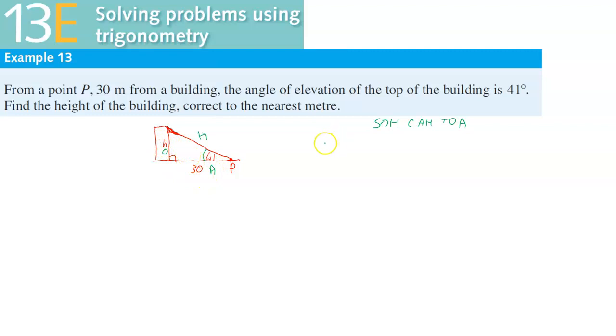Opposite and adjacent means I'm going to be working in tan. So tan theta equals opposite over adjacent. Substitute in the things I know. Multiply both sides by 30.